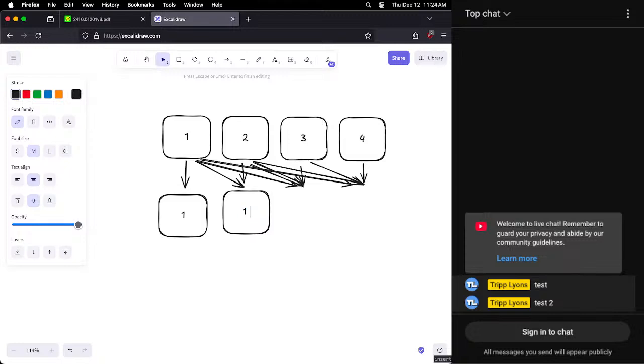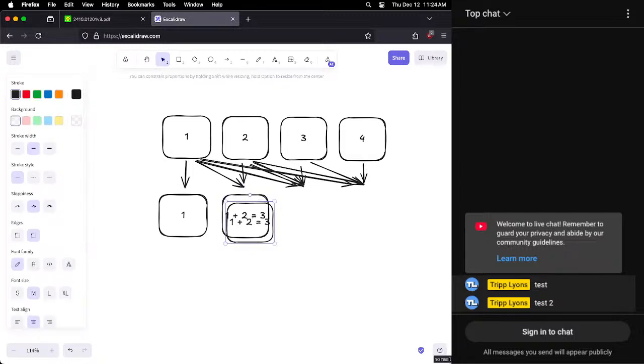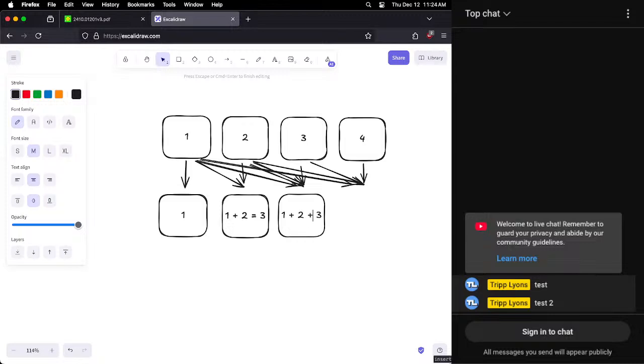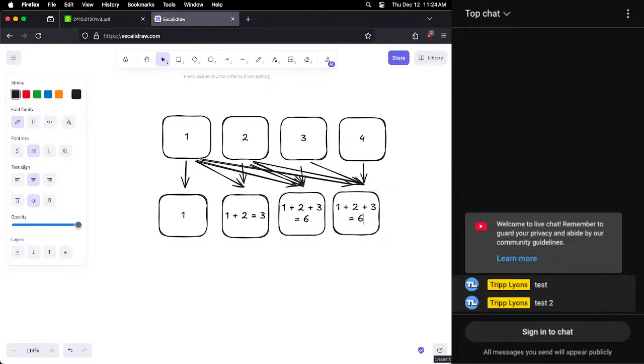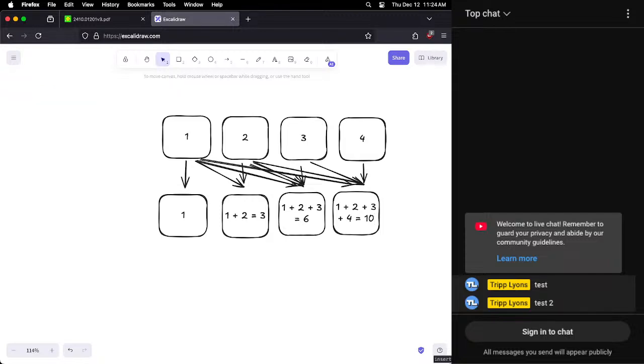This would be 1 plus 2, which is just 3. And then here you'd have 1 plus 2 plus 3, which gives you 6. Then here you have 1 plus 2 plus 3 plus 4. Then you get 10. So this would be the prefix sum of these four numbers.